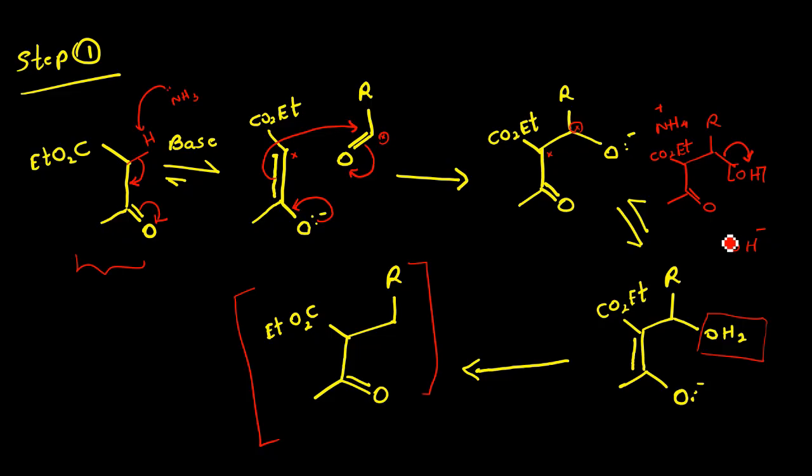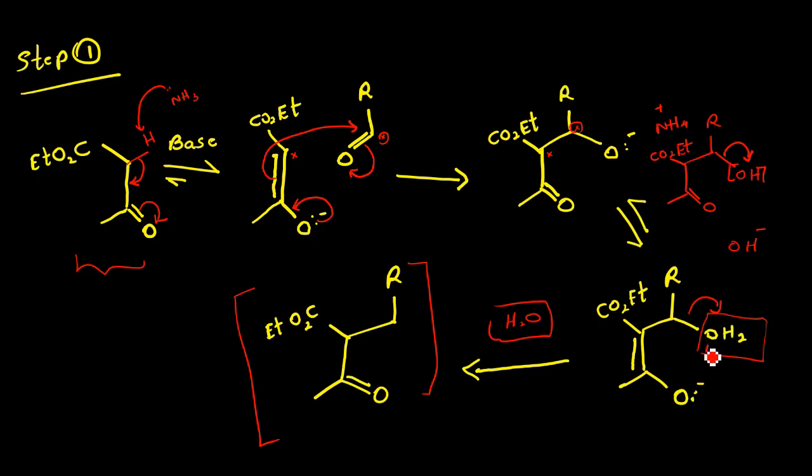But it's more possible to leave as a water molecule. If you remember your basic organic chemistry, H2O, a water molecule, is a much better leaving group compared to OH minus. This is much more stable. So it's better if you can make this OH group into a water molecule.